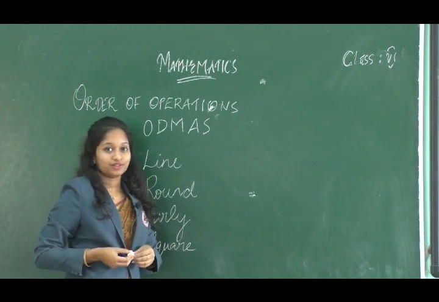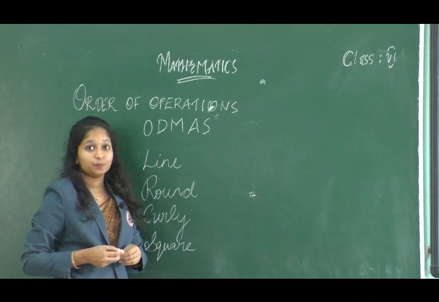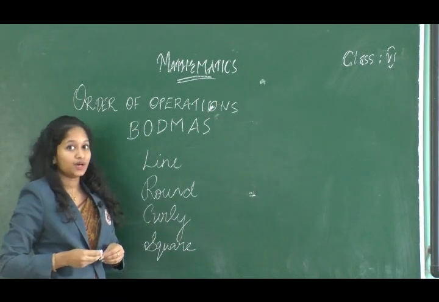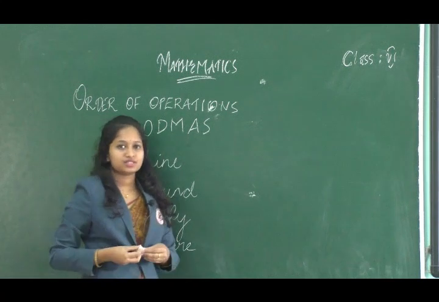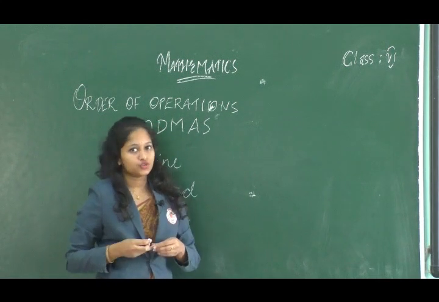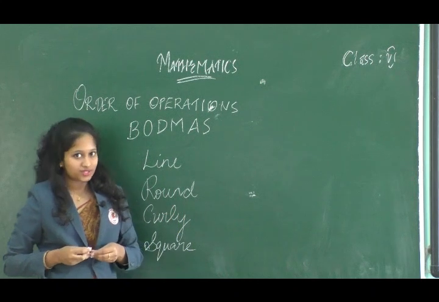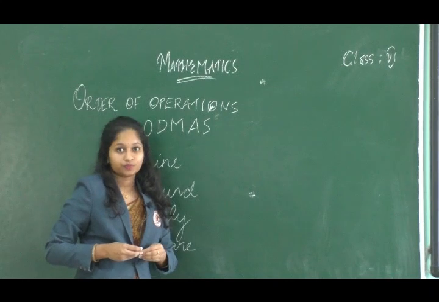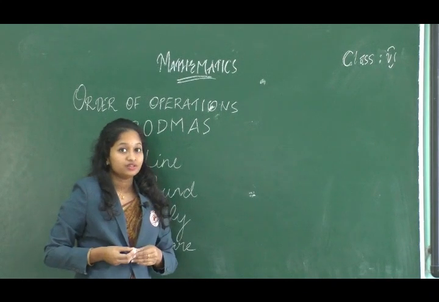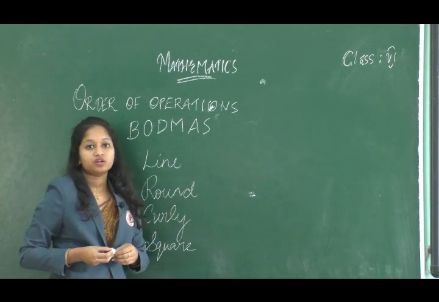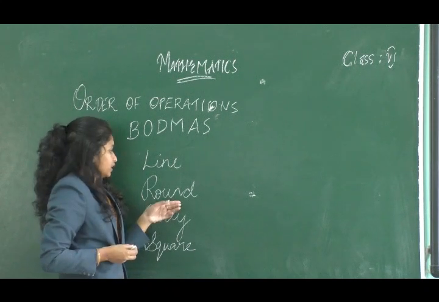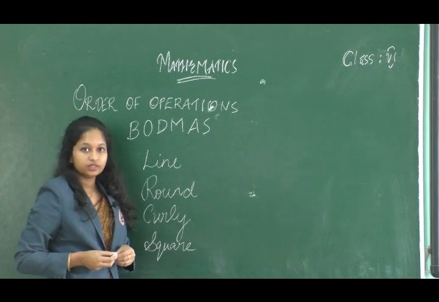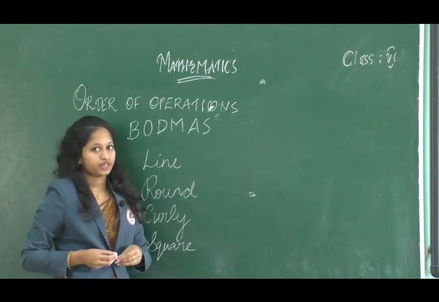Something else is also there. What is that? It's bracket. So it is BODMAS. So whenever you get a question, apply the BODMAS rule to simplify those questions. Now there are different types of brackets also. What are they? They are line bracket or vinculum, and second, round bracket, third curly, and fourth square bracket.